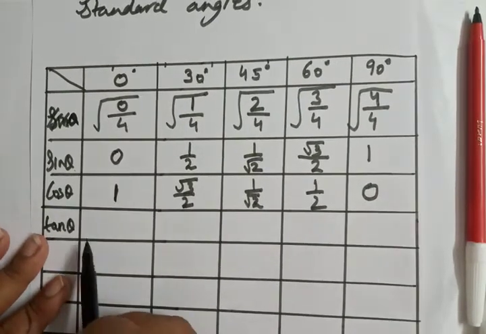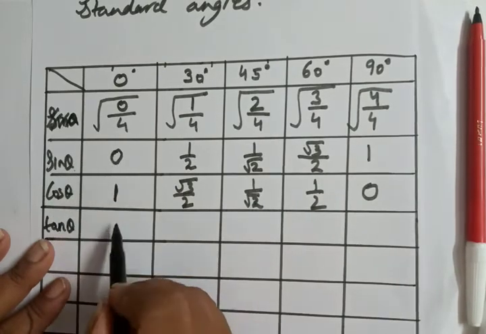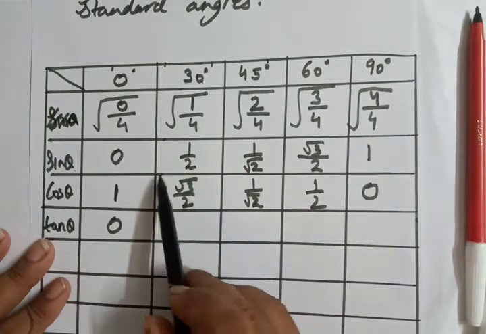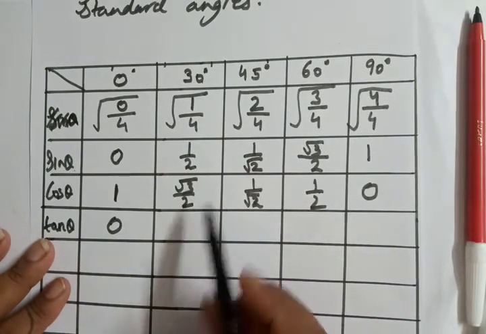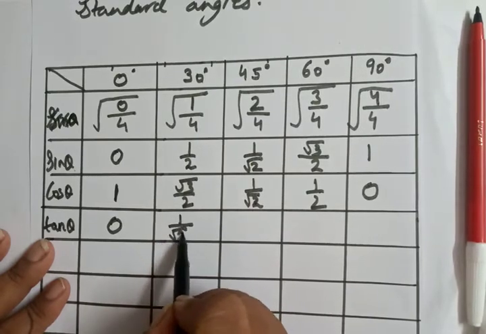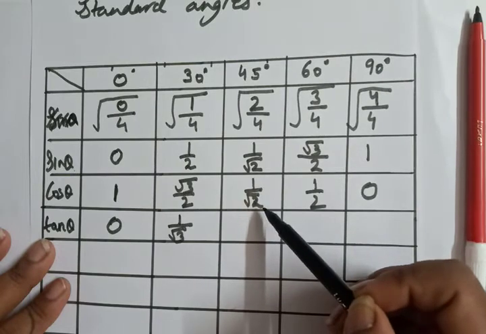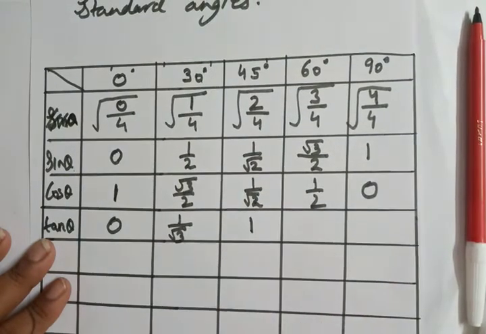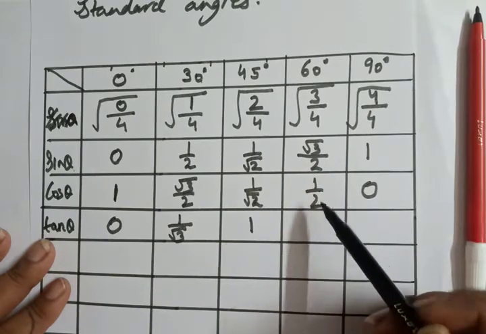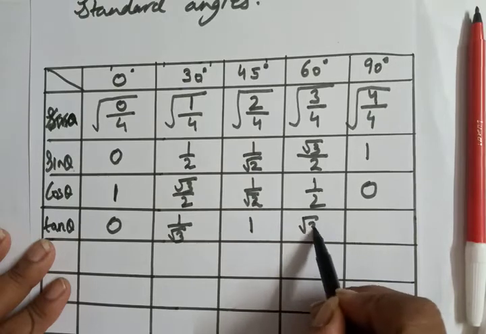And how can we find out sin theta upon cos theta? That is 0 upon 1, 0. 1 upon 2 upon root 3 upon 2, 2 will be cancelled out and we will get 1 upon root 3. 1 upon root 2 upon 1 upon root 2, that is equal to 1. Root 3 upon 2 upon 1 upon 2, 2 will cancel out, we are left with root 3.